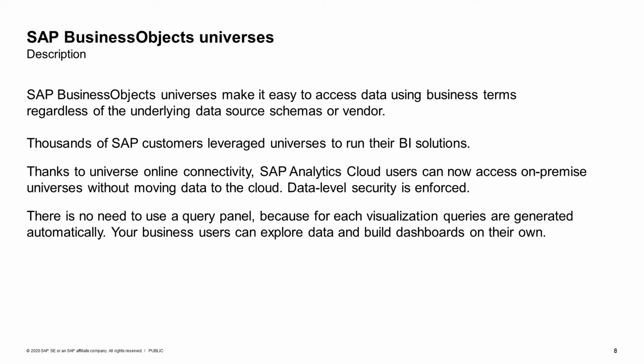This is because each user in SAC is connecting to the BI system with his own credentials, and thus the data processing performed by the BI platform uses the user security rights of the BI system. Once again, this means you don't need to recreate any security authorizations when accessing the BI platform from SAC.